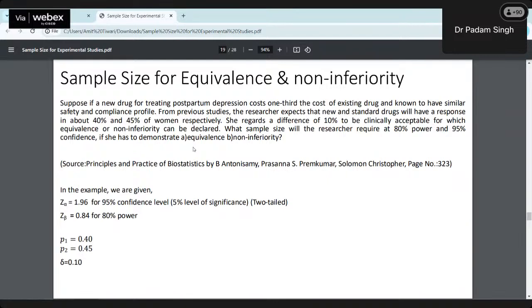Now in this example, please see Z alpha की same value है 1.96, Z beta is 0.84, the same thing, P1 is 0.40 and P2 is 0.45. Delta is 0.10. They say we will accept it as equivalence if it lies within 10%.